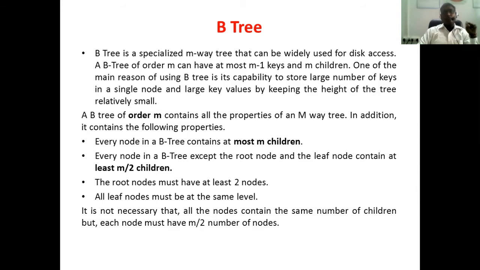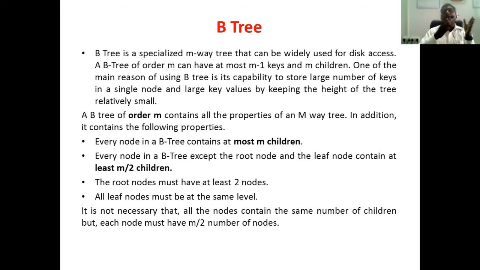If the data size is very large, suppose you want to represent 1 lakh or 2 lakh data, you need to create that many nodes. To overcome that drawback, the concept of B-tree was invented.